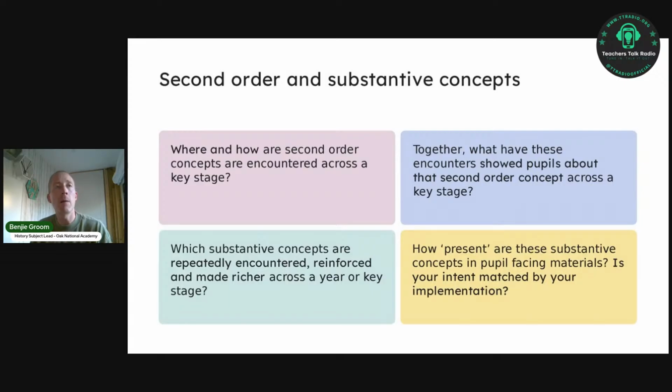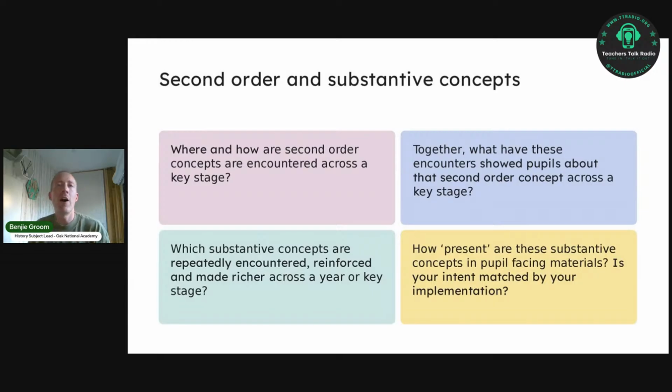And if each of those examples is authentic to the particular debate into which those historians are entering historiographically, then we are giving them a really rich and varied diet across the second order concept, rather than just doing the same thing again and again in a way that keeps our senior leaders happy, because we can put them on a silly flight path in terms of they're getting better at causation because they were able to list causes. Now they can put them into different boxes. We all know it's rubbish.